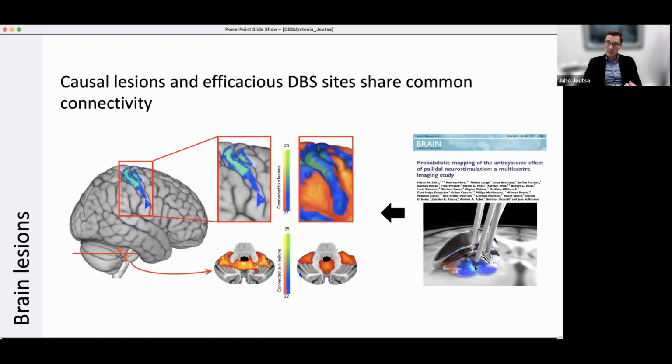For these best locations in the GPi, when looking at their connections elsewhere in the brain, it was noticed that they had similar connectivity to the cerebellum and also to the somatosensory cortex. And there are multiple lines of the same kind of research in other conditions, all suggesting that targeting the causal network might have some clinical benefit.